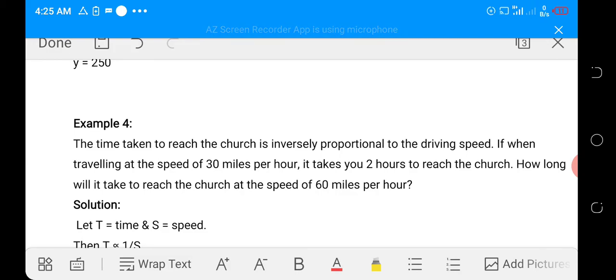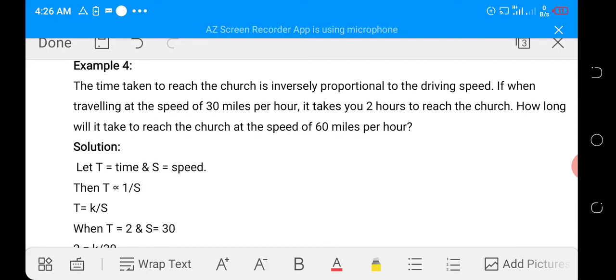Example 4. The time taken to reach the church is inversely proportional to the driving speed. If when traveling at the speed of 30 miles per hour, it takes you 2 hours to reach the church, how long will it take to reach the church at the speed of 60 miles per hour?